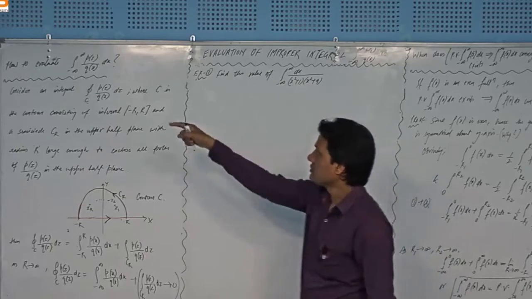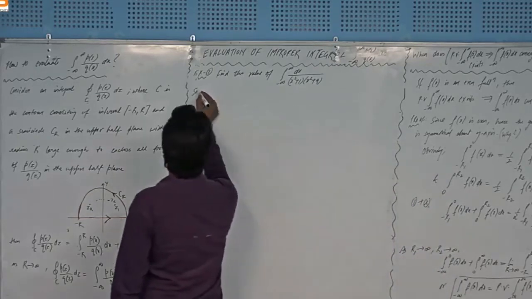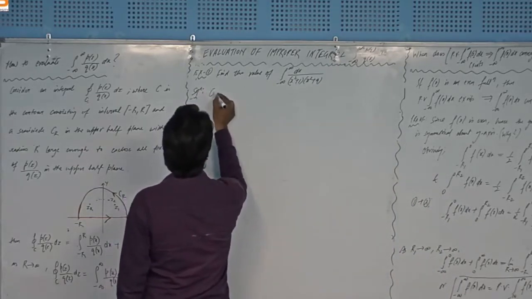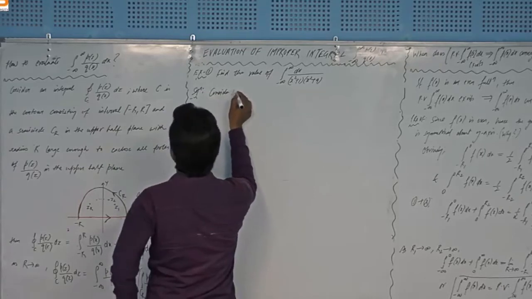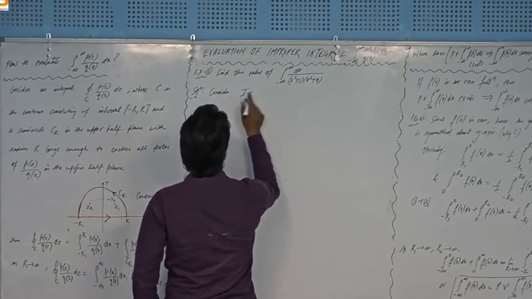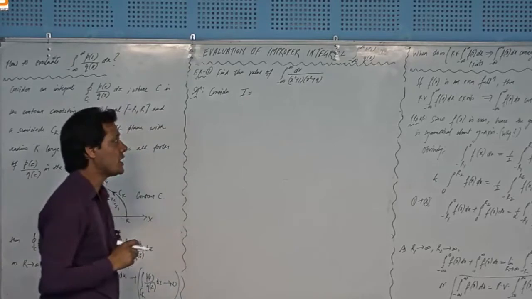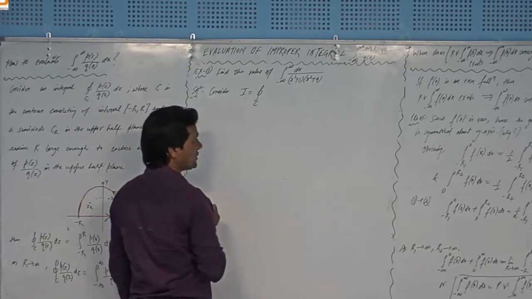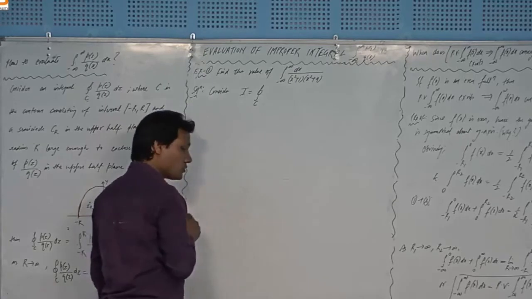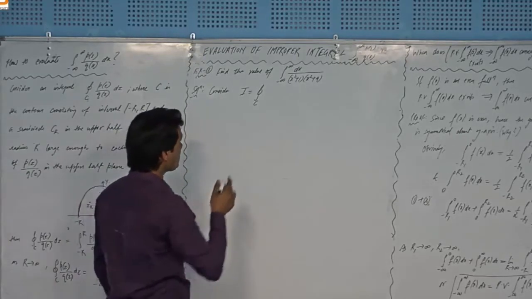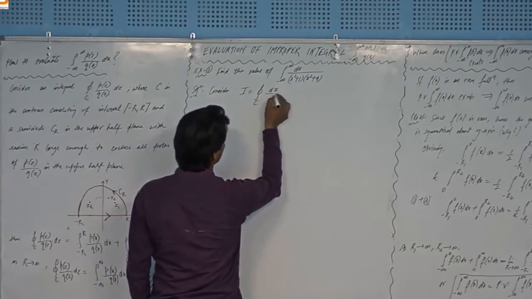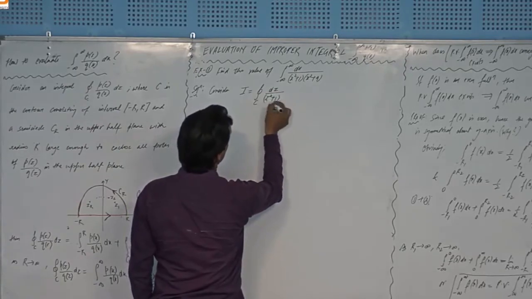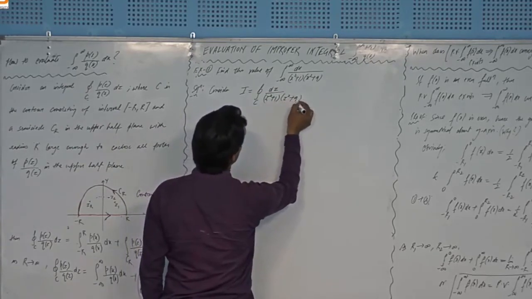So I will start like my theory. Consider I equal to the complex integral with the contour C of dz over (z squared plus 1)(z squared plus 9). When you talk about a complex integral, you talk about a contour.